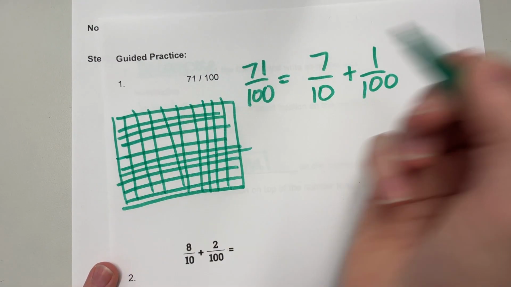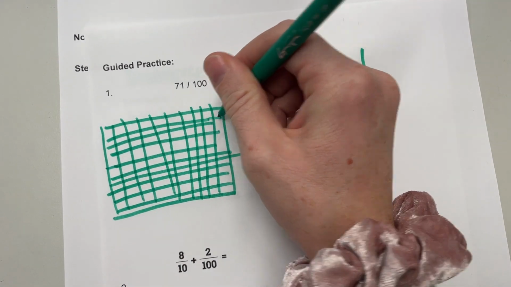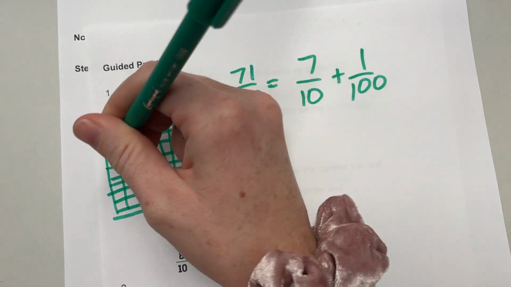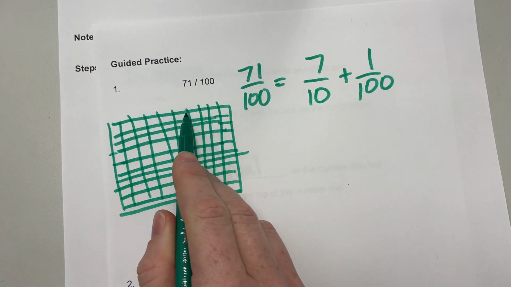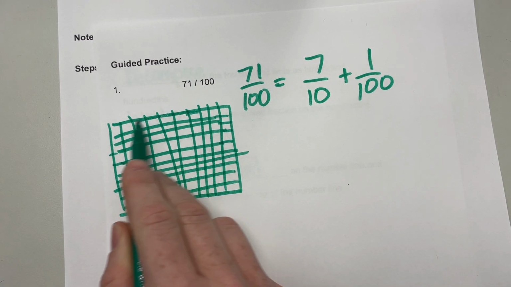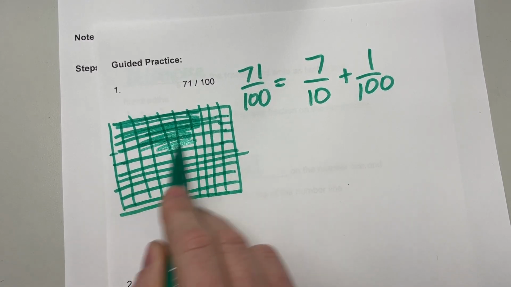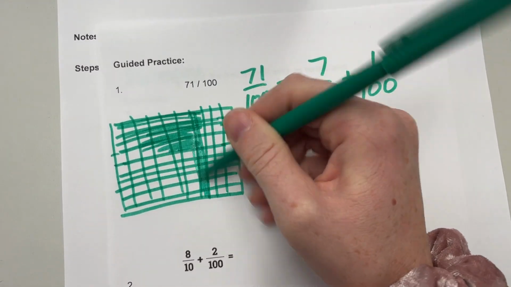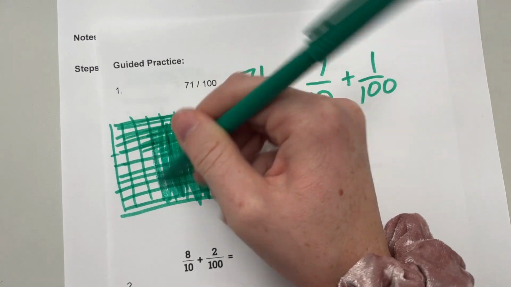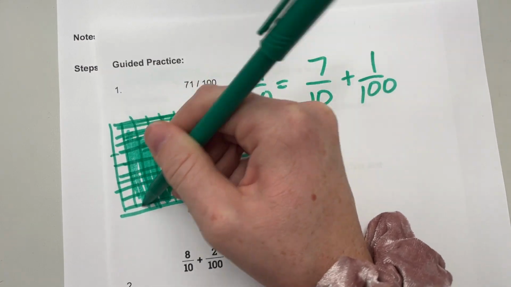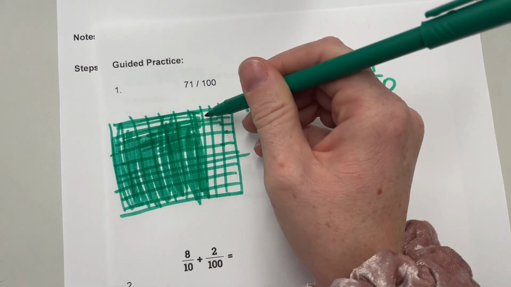Okay. To make your hundredths grid, you do 9 lines across, 9 up and down. Okay, I'm going to count to 70 and shade in 7/10. Now one more.